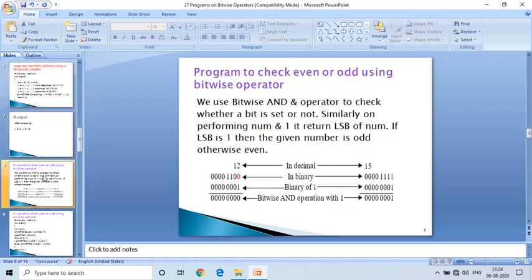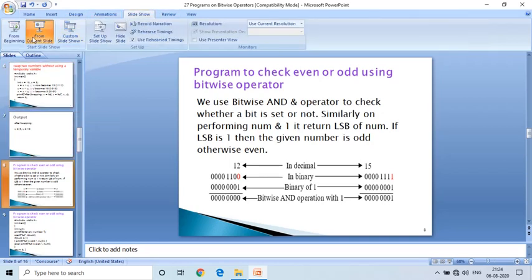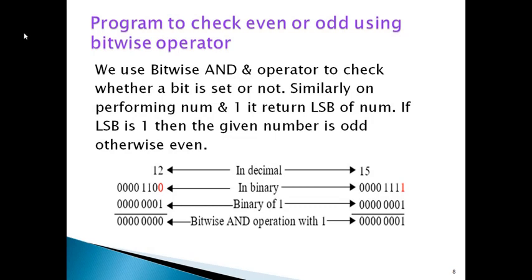Now we will see one more program: a program to check even or odd using a bitwise operator. In previous sessions, we practiced the same program using the arithmetic operators, that is, the modulo operator.